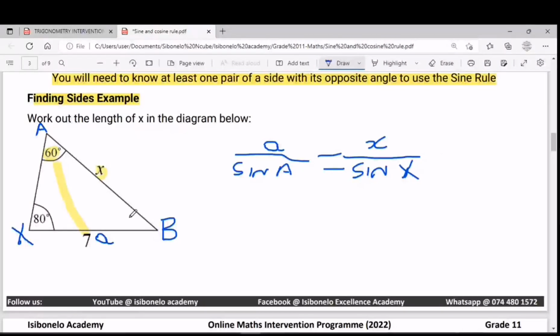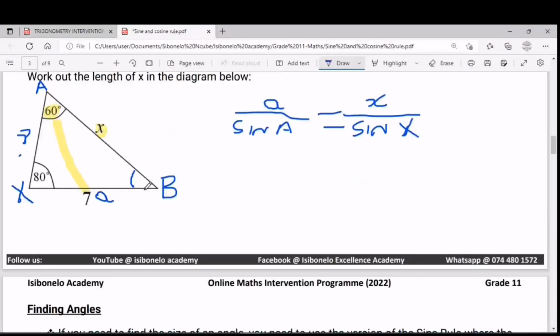Here the angle B and side B are unknown, there's a question mark, so there's no need to go to that B information, because we don't have that angle or that side. That is not relevant. That is why you don't need to use all parts of the formula. You only need two parts. Once written like this and set up, we substitute.